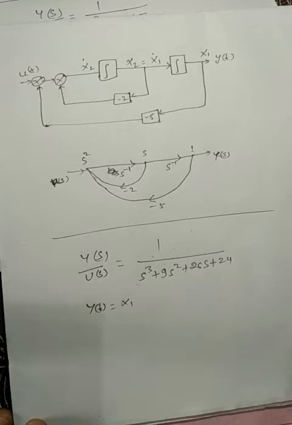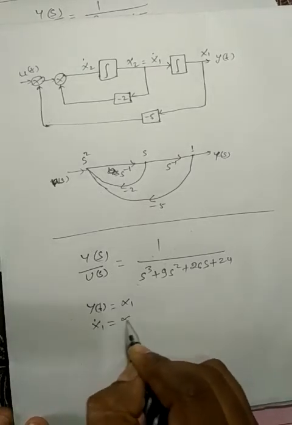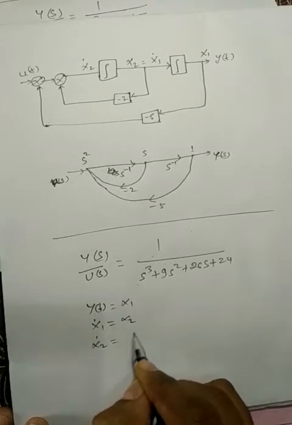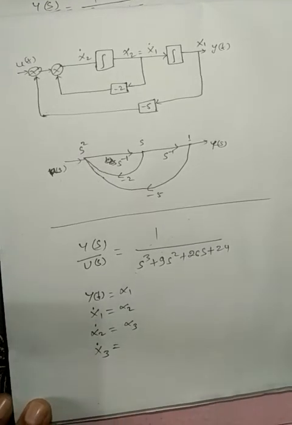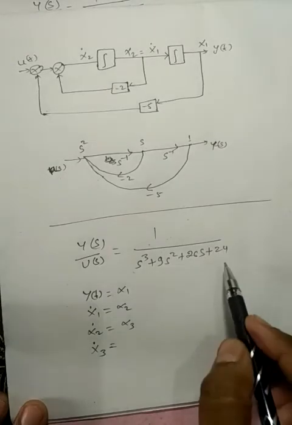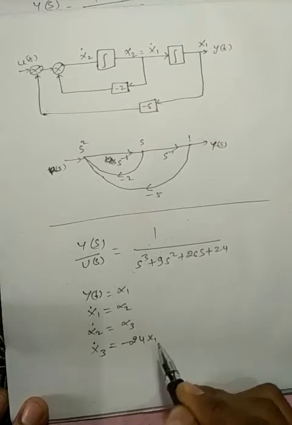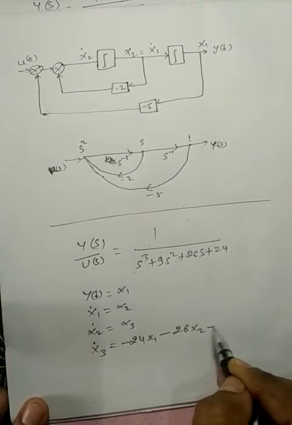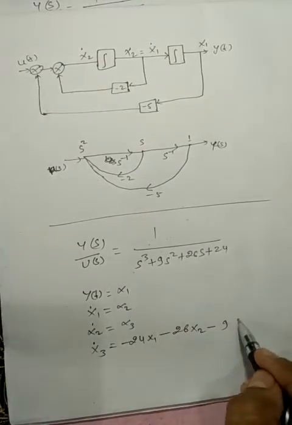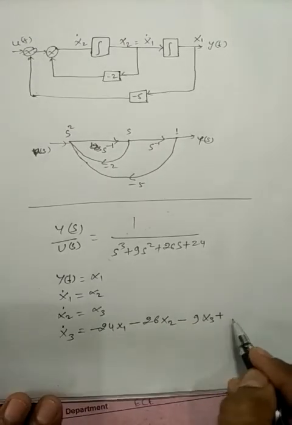Okay, so x1 dot will be x2, x2 dot will be x3, and then we'll have x3 dot, and this x3 dot will be minus 24x1 minus 26x2 minus 9x3 plus u.